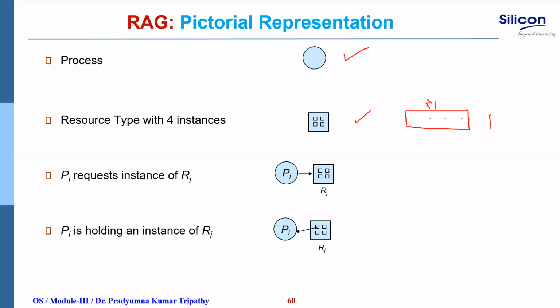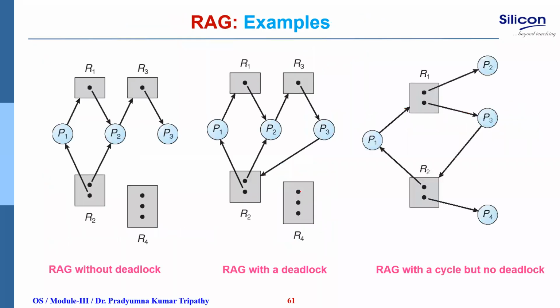Suppose R2 is a pen drive and has 2 dots, so I have 2 pen drives. Correct? These are the instances. As I said, from process to resource it is a request edge, and from resource to process it is an assignment edge. Correct?